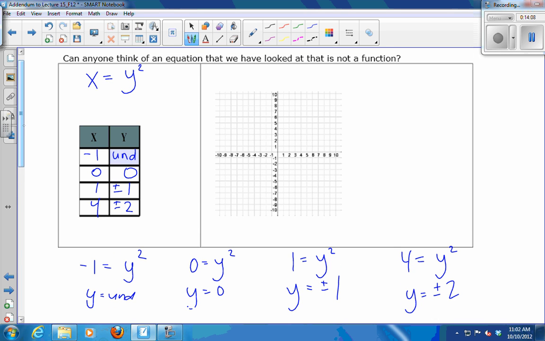So the graph of this thing ends up looking like, let's see, 0, 0 on the graph. And then when x is 1, y could be +1 or -1.